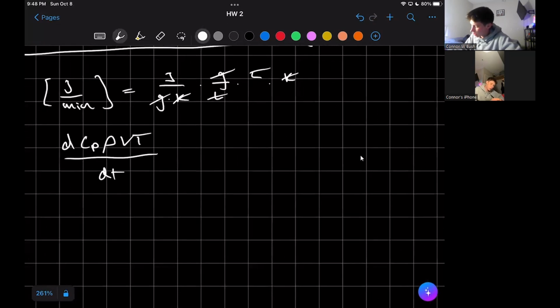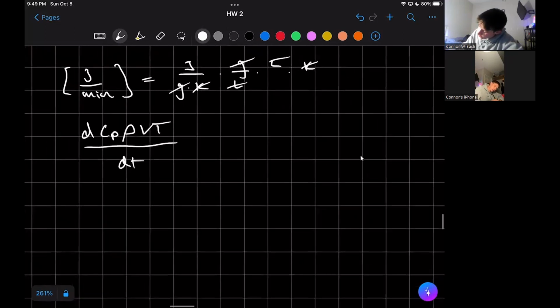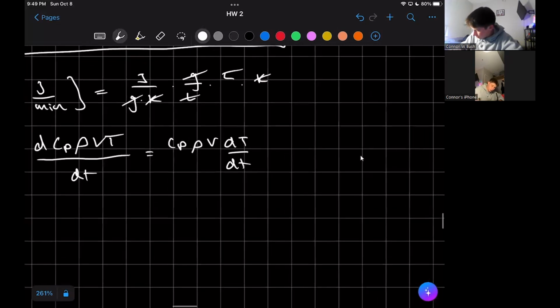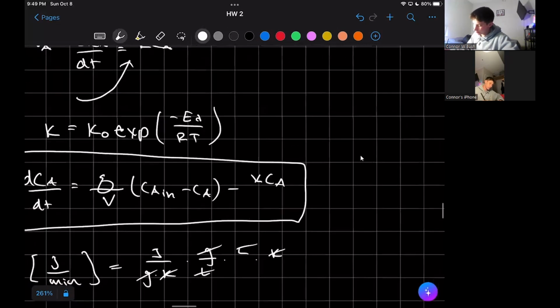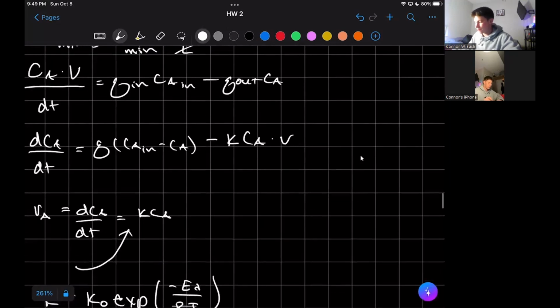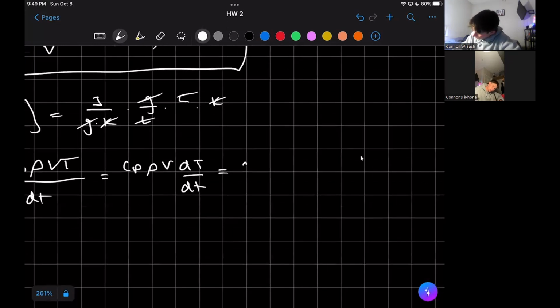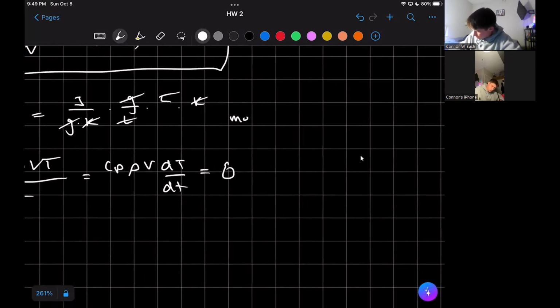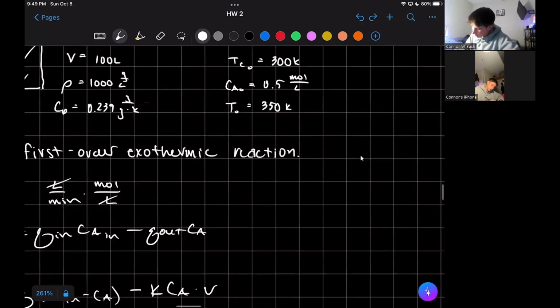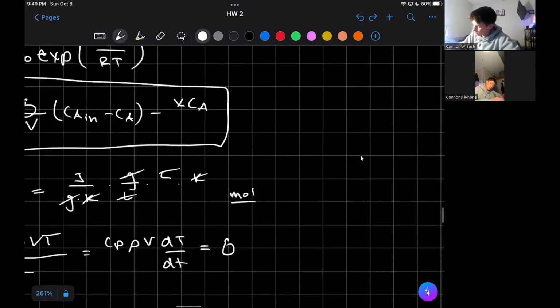So we also know that the heat capacity, the density, and volume are all constant, so we can bring that outside of the differential. So we're left with this. And then similarly up here to the mass balance, we're working with flow rates. So Q is in liters per minute.